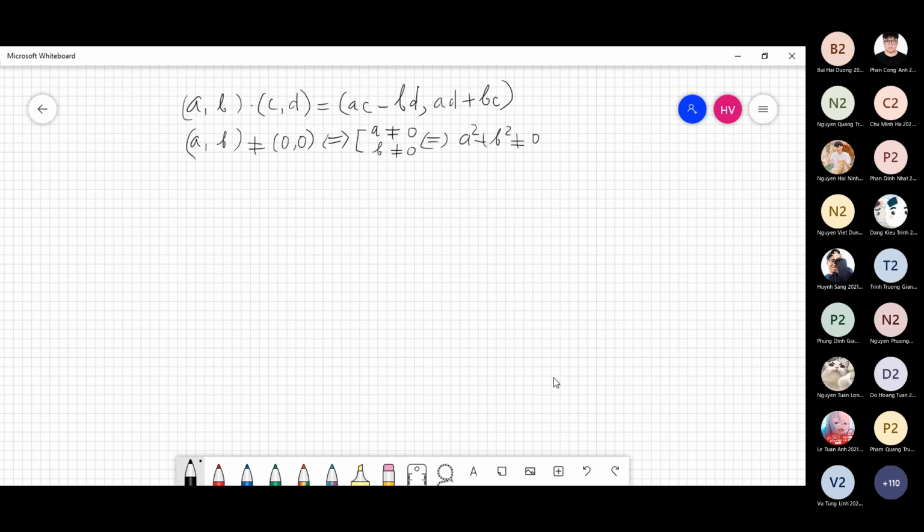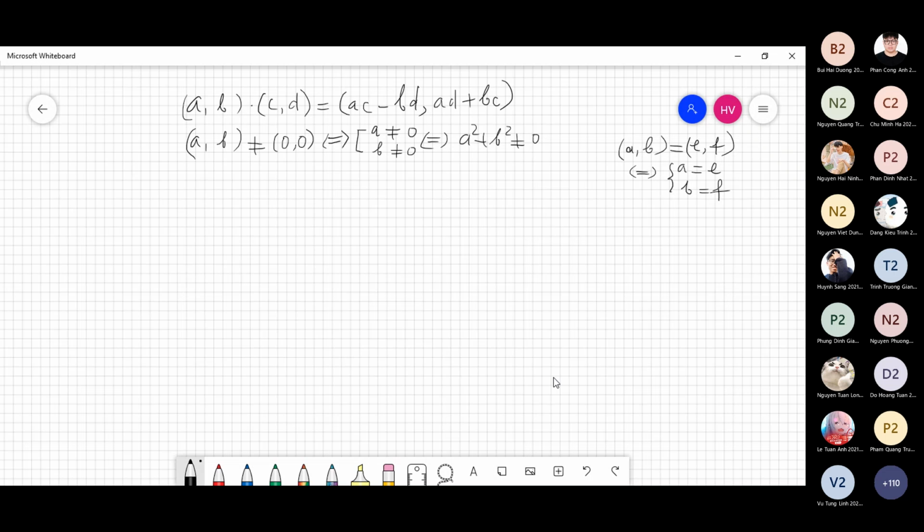I remind you that when you have equality (A, B) equal (E, F), for example, in the Cartesian product, this means that the corresponding components should be the same. This means when it's different, then you need at least one of these is not true. So you have "or" here.